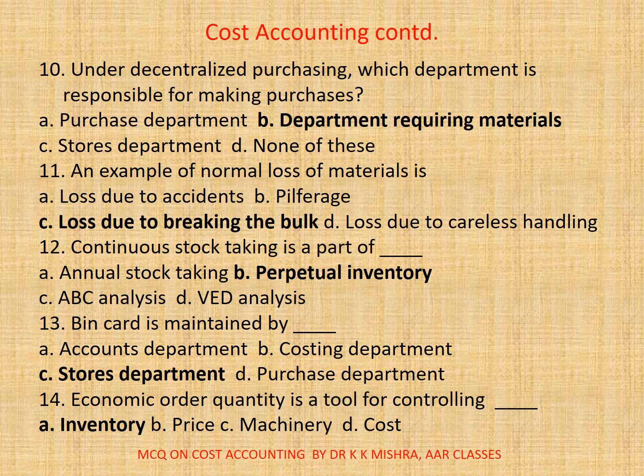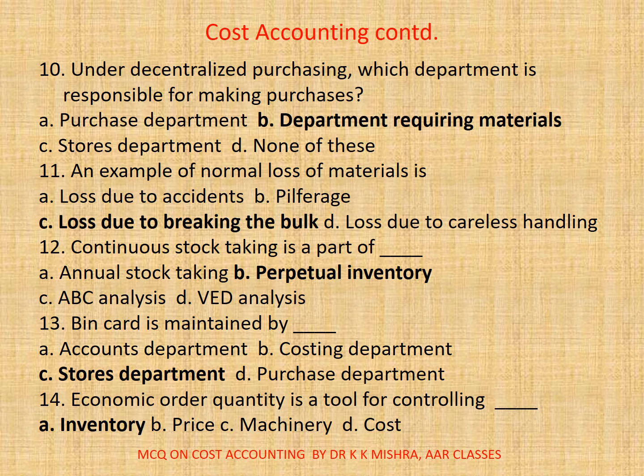12. Continuous stock taking is a part of. A. Annual stock taking, B. Perpetual inventory, C. ABC analysis, or D. VED, or vital, essential and desirable analysis. Correct option is B. Perpetual inventory. 13. Bin card is maintained by dash. A. Accounts department, B. Costing department, C. Stores department, D. Purchase department.